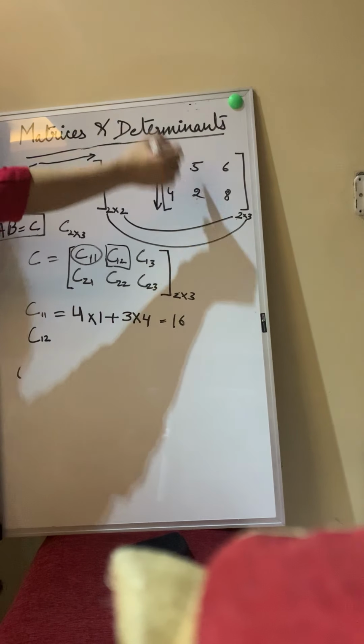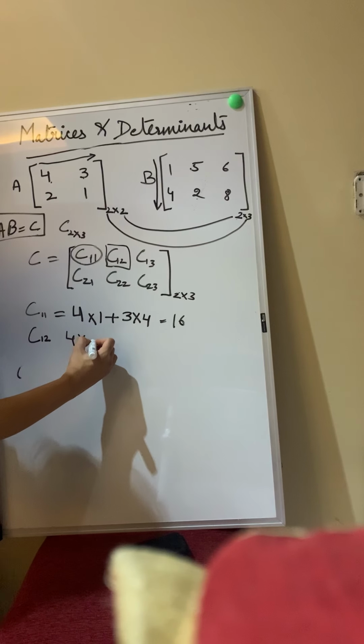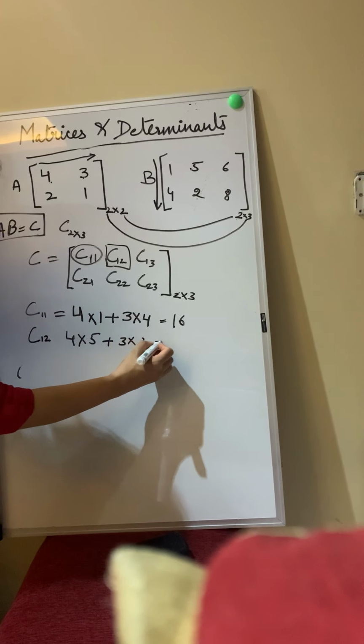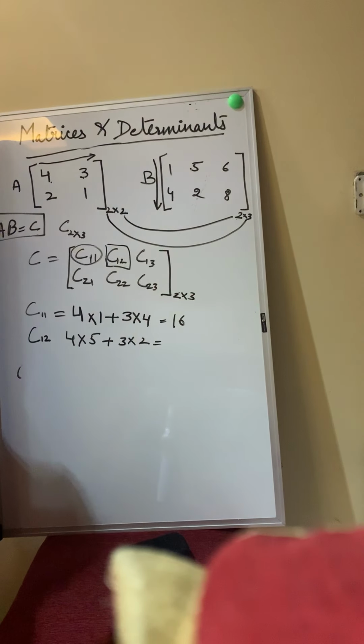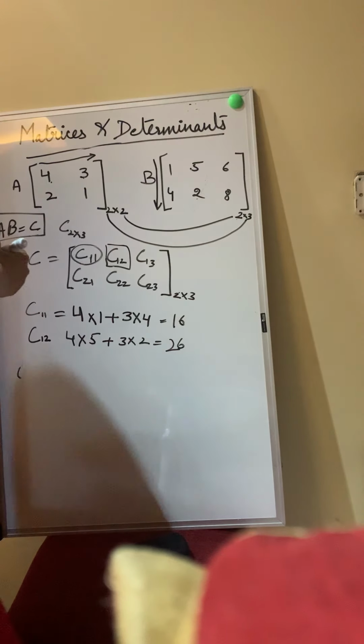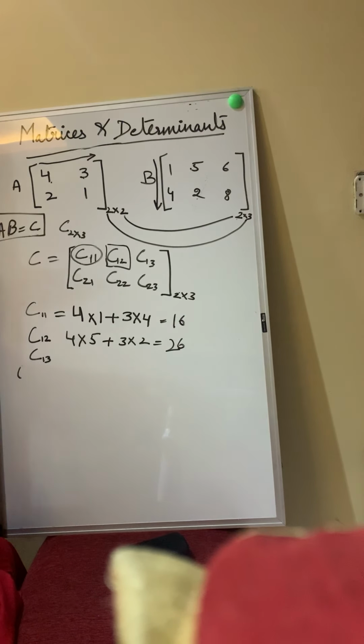The first row and the second column: 4 into 5 plus 3 into 2. 5 4s are 20, 3 2s are 6. Okay, likewise, I will calculate the value of C13.